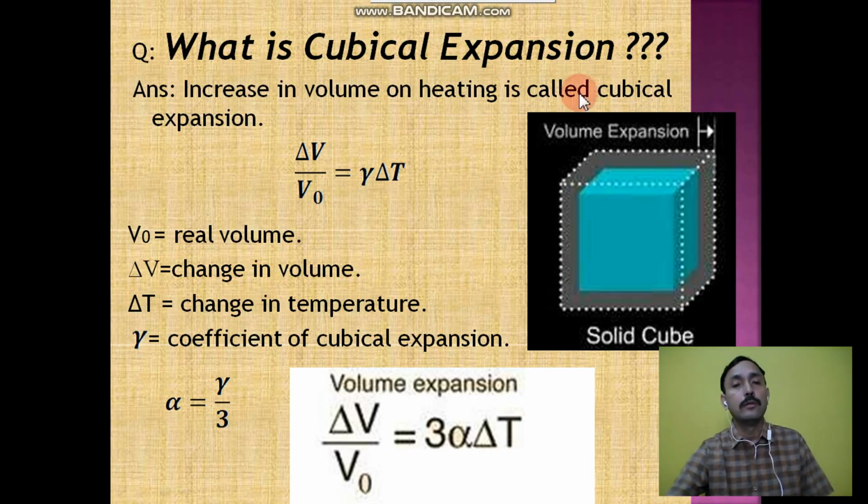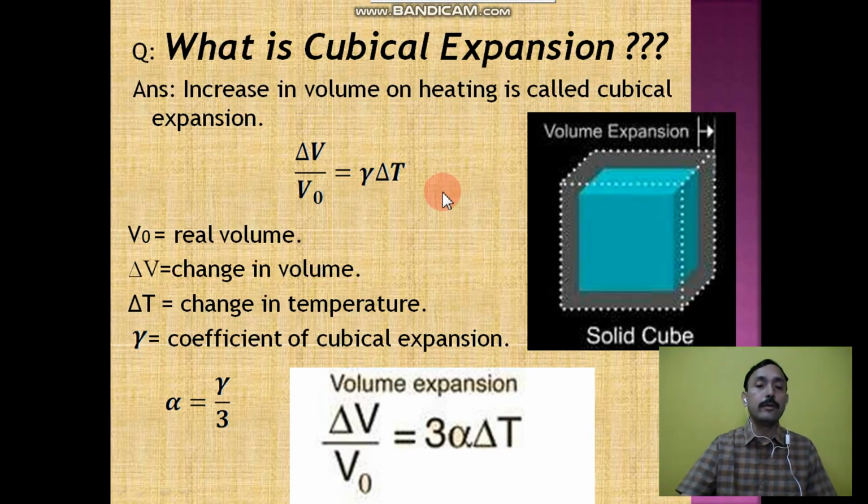Putting this value, gamma equal to 3 alpha, the volume expansion delta V by V naught becomes 3 alpha delta T. Thus, the relation between the coefficients of linear, superficial and volume expansion is alpha is equal to beta by 2 is equal to gamma by 3.